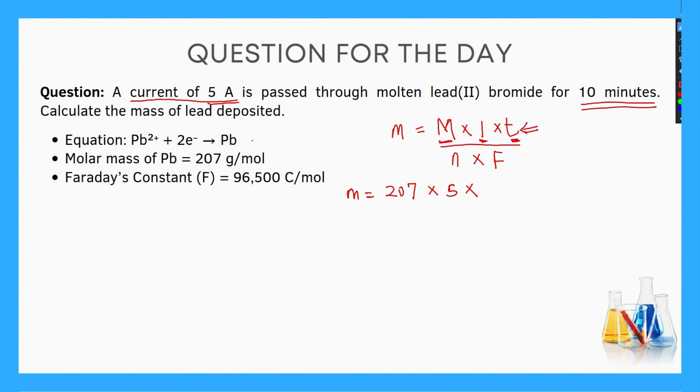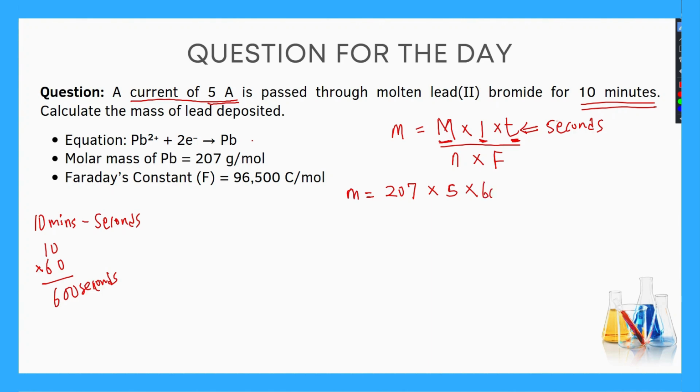In electrolysis, we measure our time not in minutes but in seconds, so we'll just do a quick conversion. We want to convert from 10 minutes to seconds, so we simply say 10 multiplied by 60. When we do that, we end up with 600 seconds. So now that we've done that, let's input it into the formula.